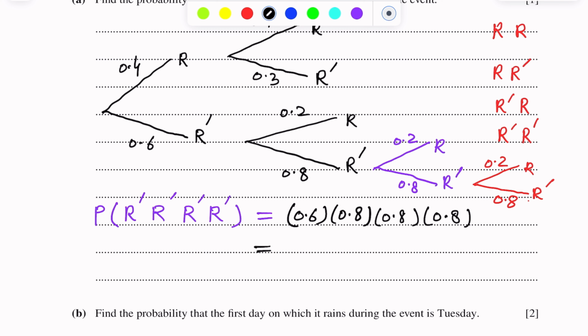So we can simplify 0.6 times 0.8 cubed. After simplifying, we get the answer: 192 over 625. This is the answer.